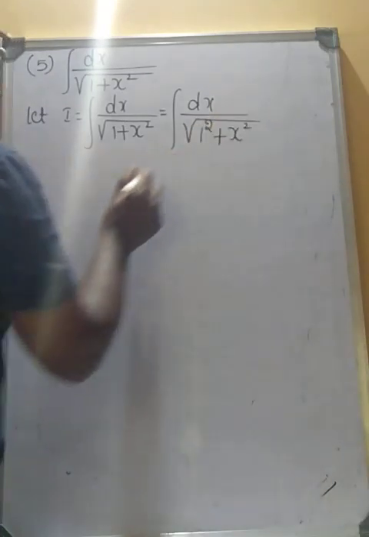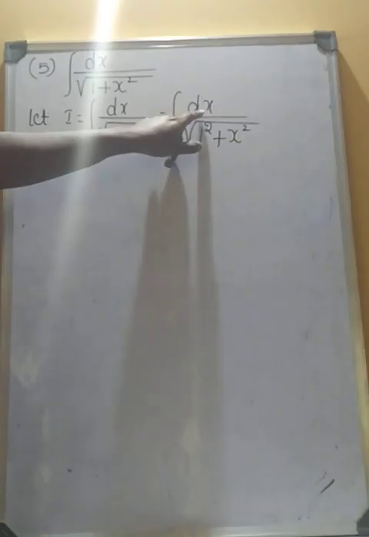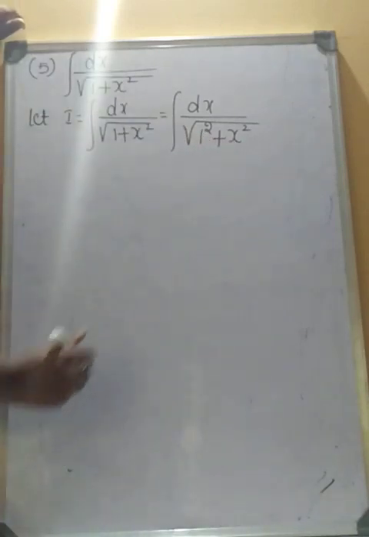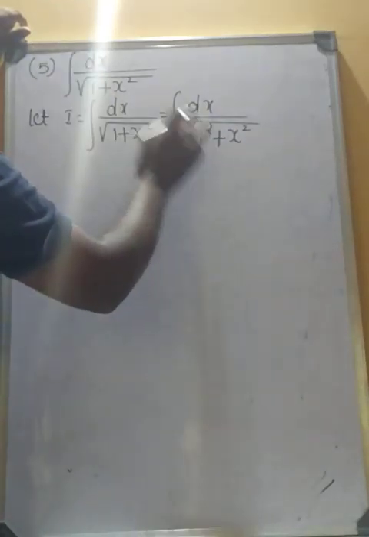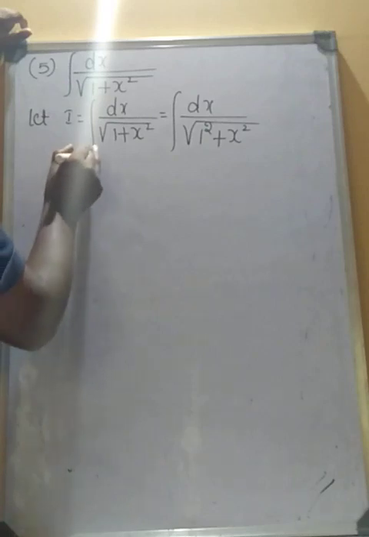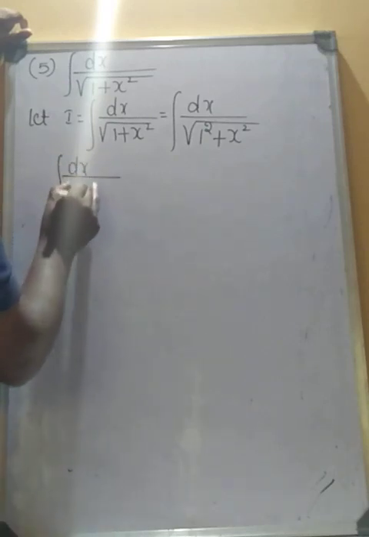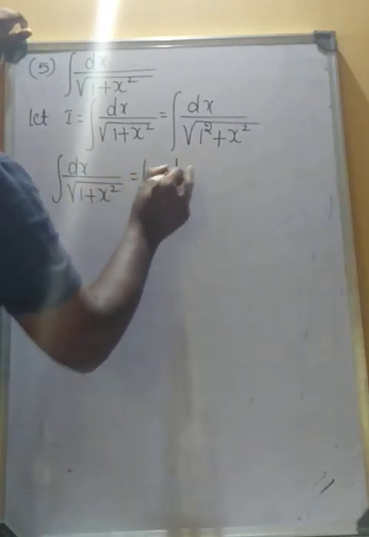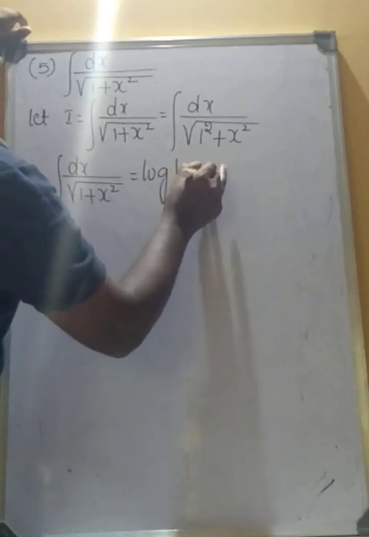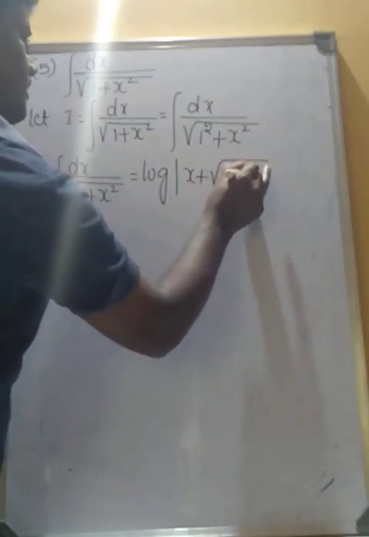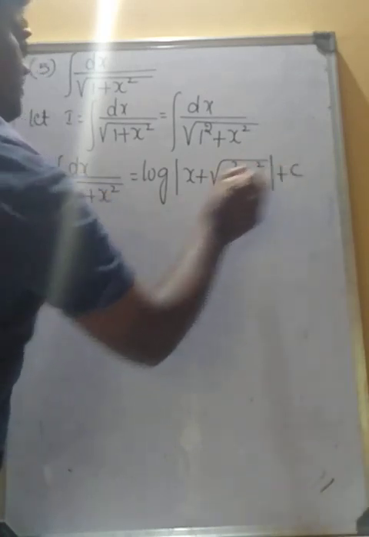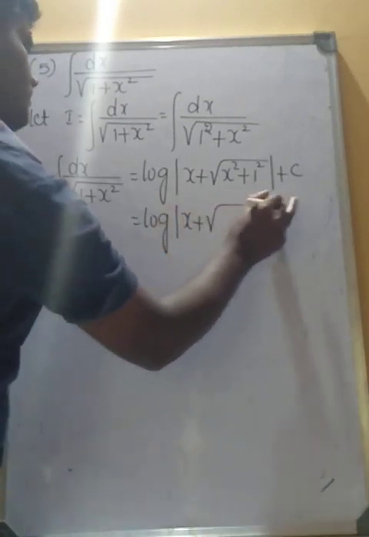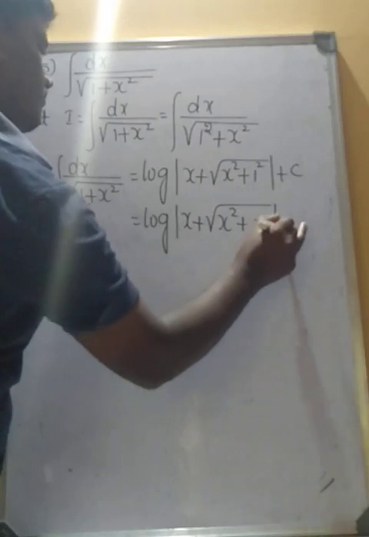Now what is the form of this? Dx dividing by root of a square plus x square, here a equals 1. So therefore the integral of dx dividing by root of 1 plus x square is equal to log of mod x plus root of x square plus 1 square, plus c, that is log of mod x plus root of x square plus 1, plus c.